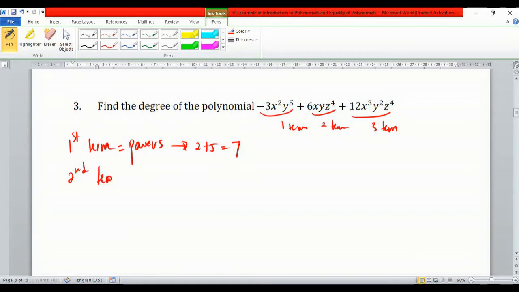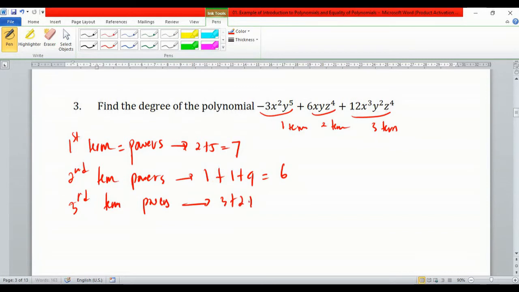The second term's power is 1 plus 1 plus 4, which equals 6. And then the third term's power is 3 plus 2 plus 4, and this result is 9. So from the three terms, what's the highest?